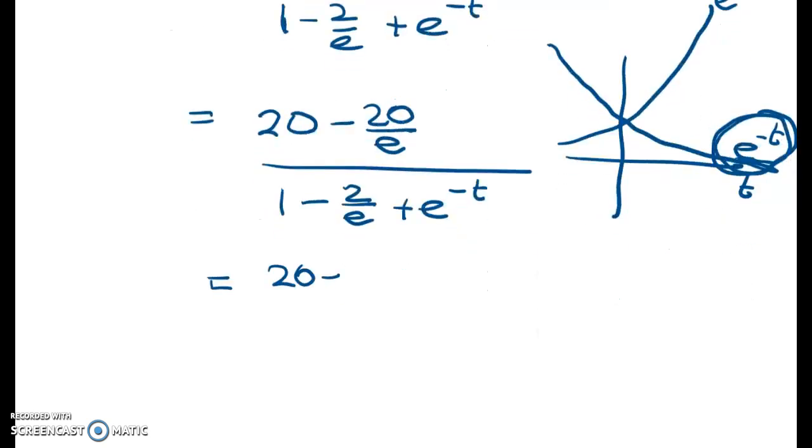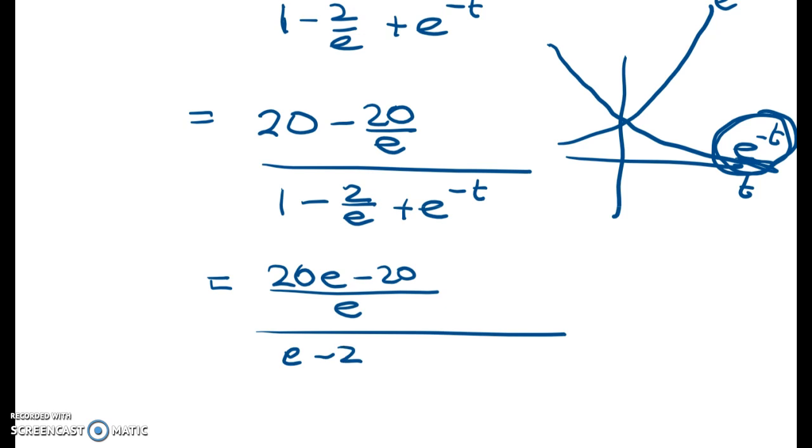So here we have 20e minus 20 over e divided by e minus 2 plus e times e to the negative t over e.